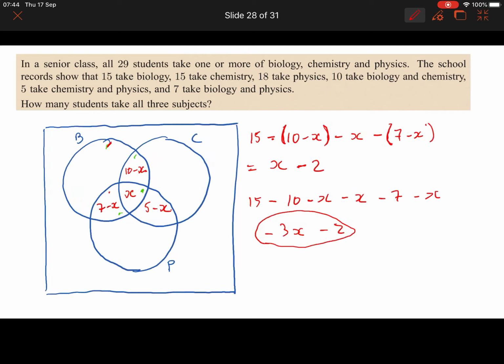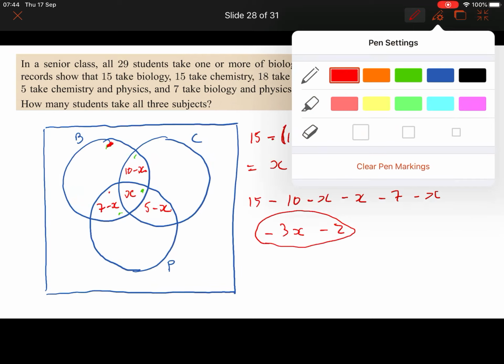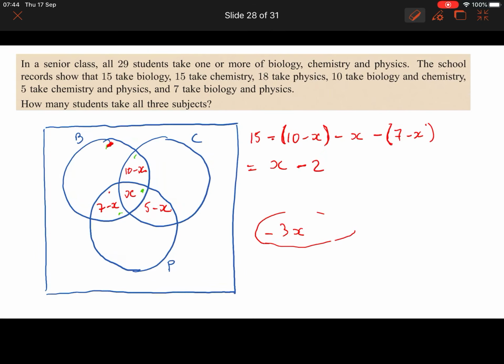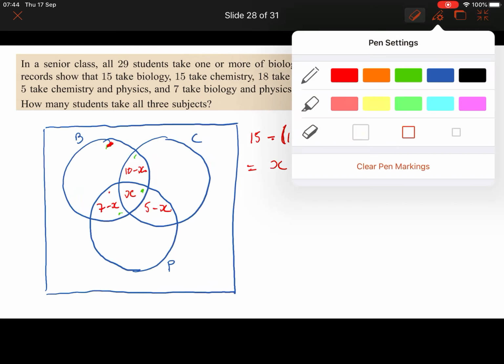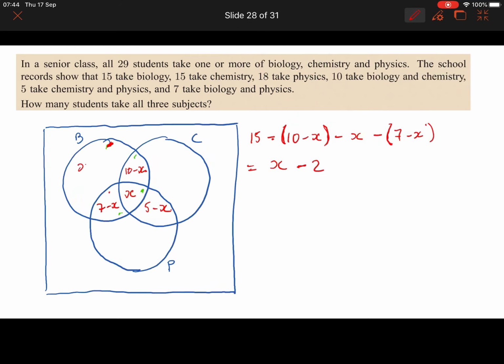We know x is a positive number, so we'd end up with a negative amount in this set here. You can't have negative numbers of elements. It's not possible, okay? So just be really, really careful and make sure you use brackets so that you don't make a mistake. So what needs to go in here is x minus 2.